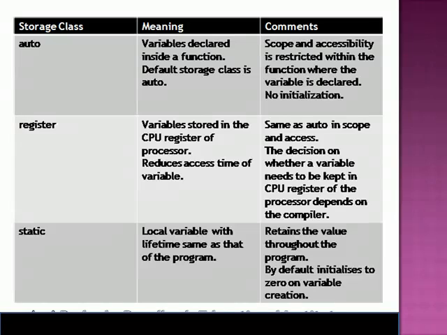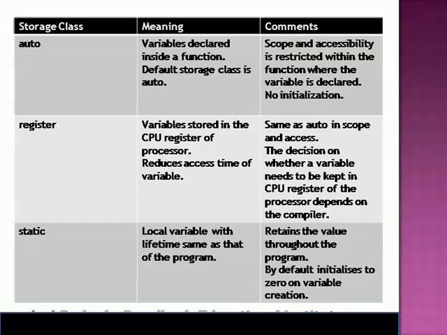The next one is the static storage class. It is a local variable which is capable of retaining a value even when control is transferred to the function call. Local variables with lifetime same as that of the program.